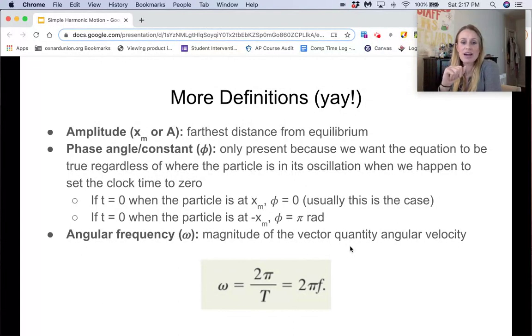So here we now have angular velocity equals 2 pi over period, because again, we can relate angular velocity and linear velocity by our radius as well. And then of course we know that period and frequency are inversely related, so we can also write this with frequency. So our angular velocity omega is equal to 2 pi times the frequency.